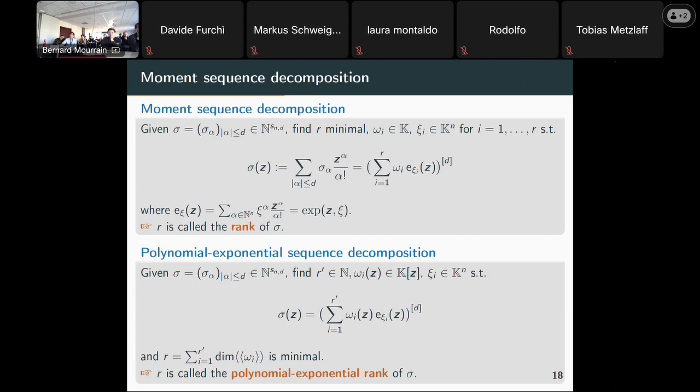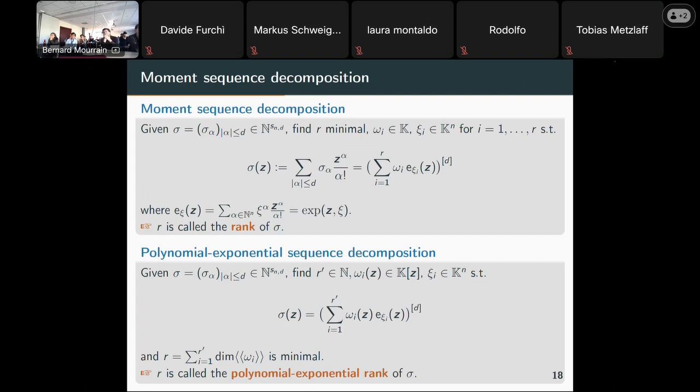Repeat the derivation, so all derivations you can take: z1 squared, z2, and so on. This spans a finite vector space. You compute the dimension. You take the sum of all these dimensions, and you get R, which, when it is minimal, is called the polynomial-exponential rank of the sequence.